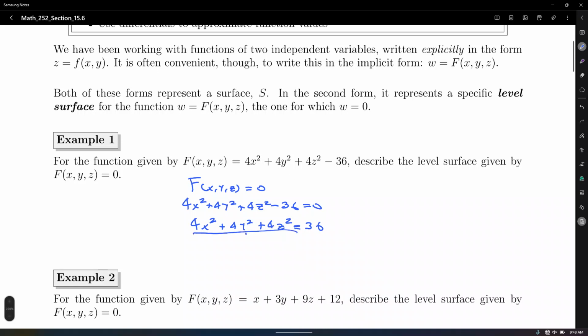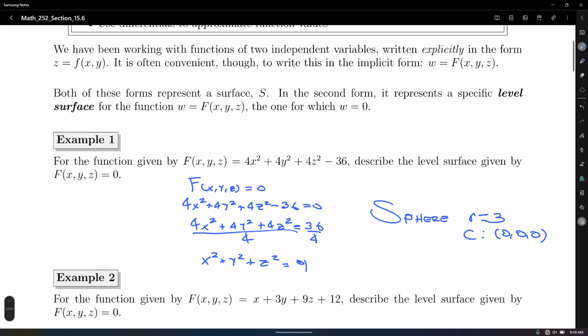Let me divide both sides by 4 to find the actual radius of that sphere: x squared plus y squared plus z squared equals 9. So the surface described by this function is a sphere of radius 3, centered at the origin 0, 0, 0. Good.